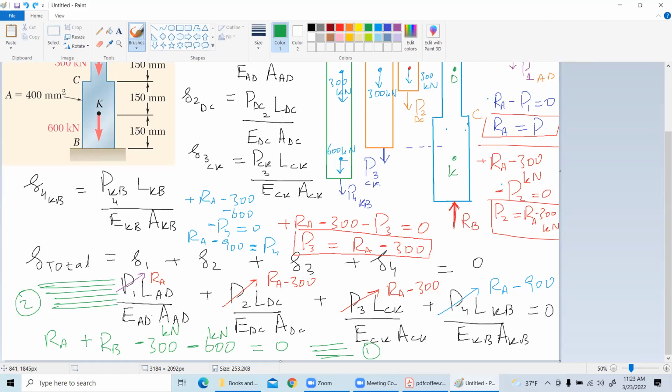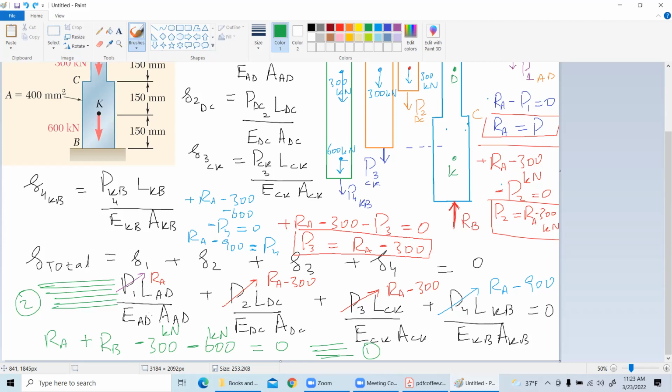So if you make a free body diagram, you will remove this exactly where my thumb is, the hinge, and you will remove this portion. Then you will put an arrow here in the upward direction, and you will put another arrow in the upward direction for RB.